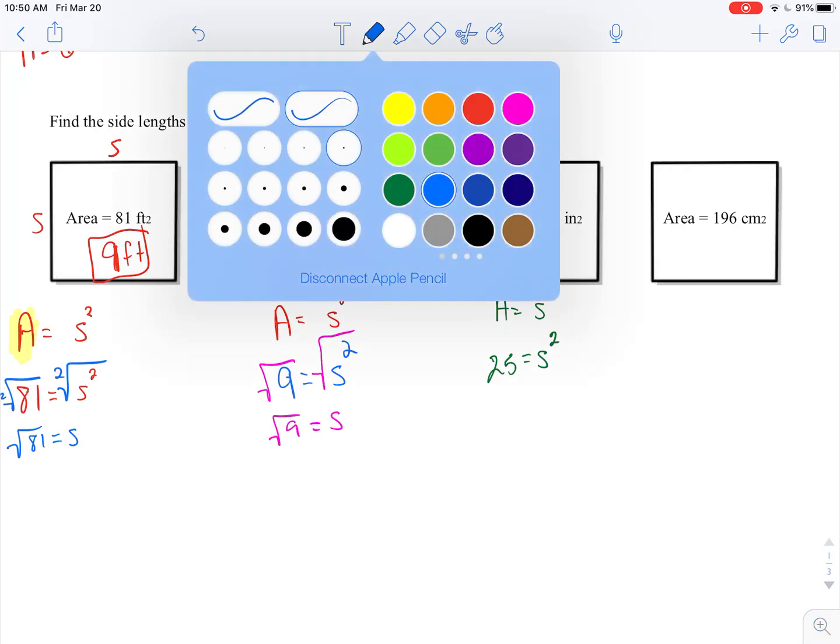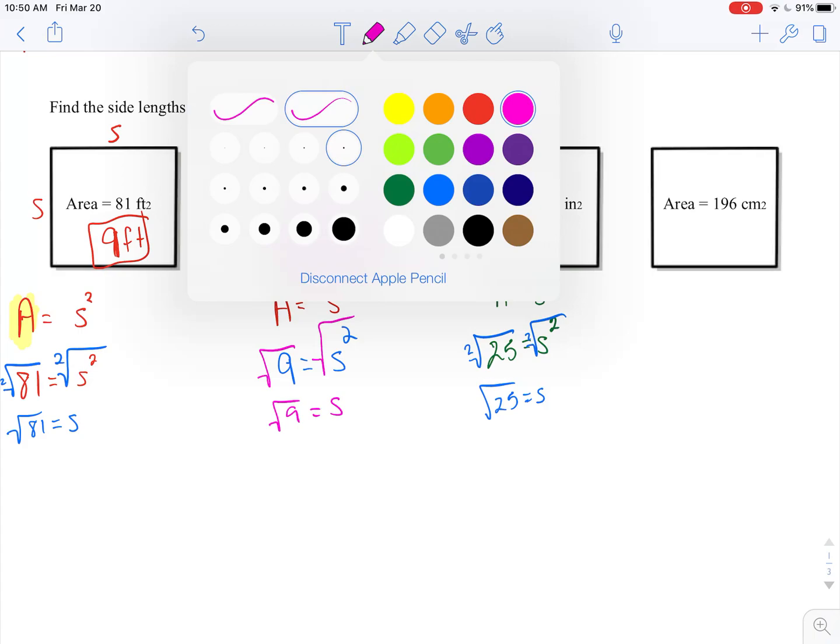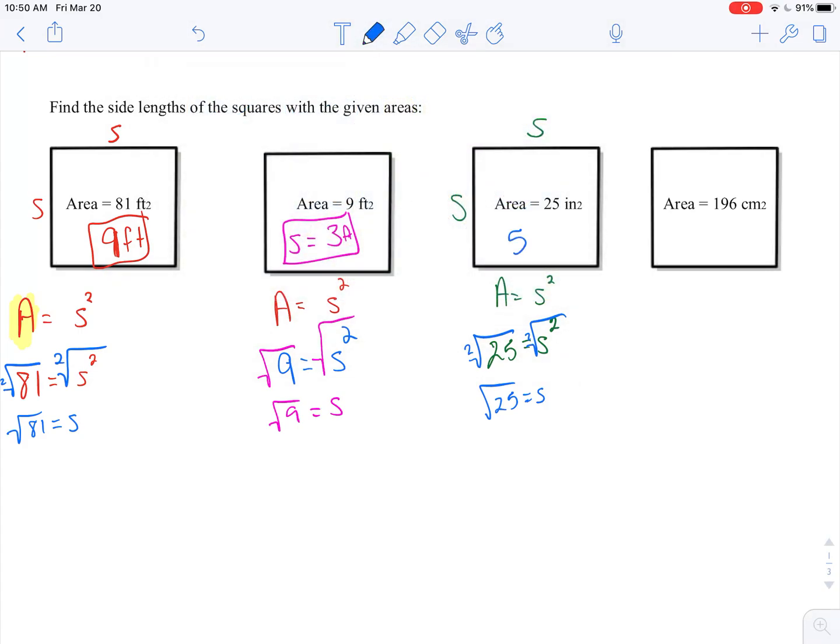So 25 equals side length squared. And now how do I get rid of a squared exponent here? How do I get rid of that 2 in the exponent? What's the opposite of squaring? The opposite of squaring is square rooting. So square root of 25 is going to be my side length. So square root of 25 is 5 inches.